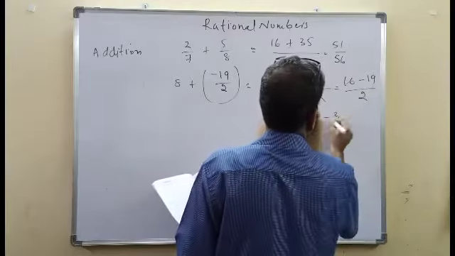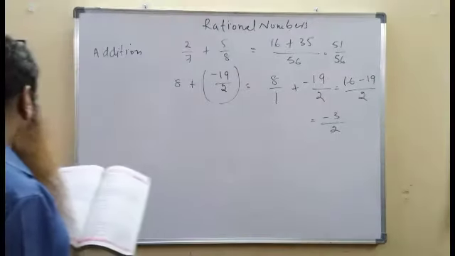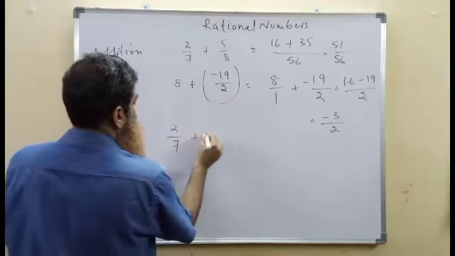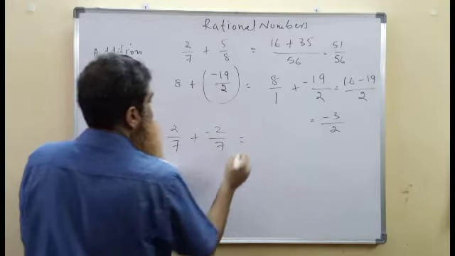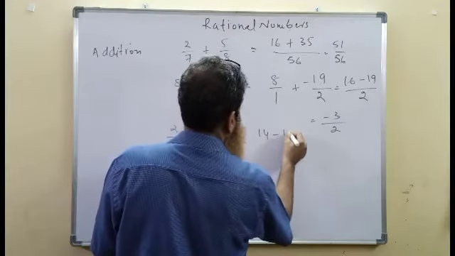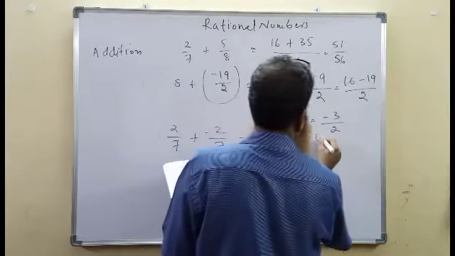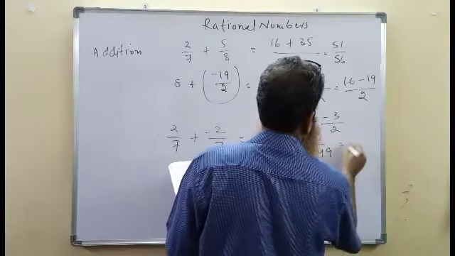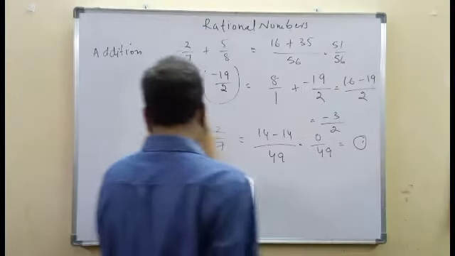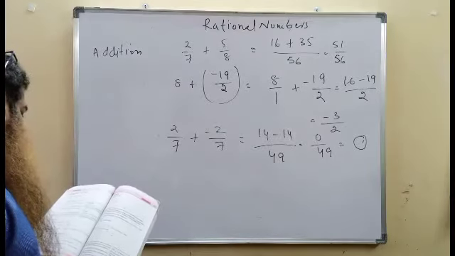It is minus 3 by 2, which is again a rational number. 2 by 7 plus minus 2 by 7 is equal to 14 minus 14 by 49, that is 0 by 49. Any 0 by anything is 0. It's a rational number. Check this for a few more in the following numbers.